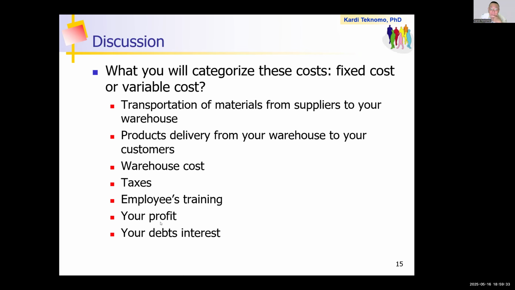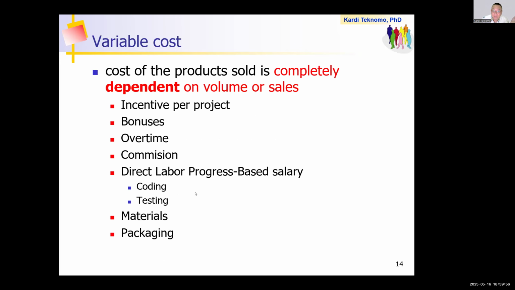So how about your profit? Is it variable cost or fixed cost? You may say, I thought BEP is no profit, right? But again, stick to the definition of fixed cost and variable cost.